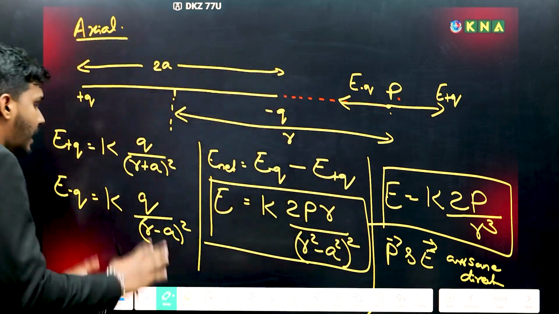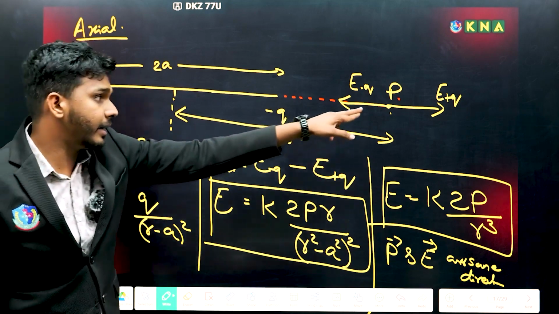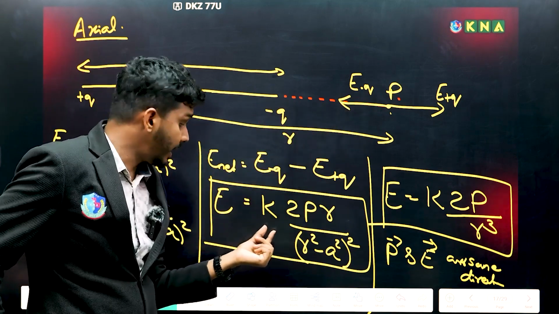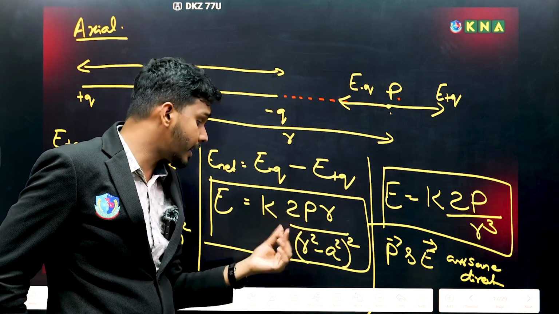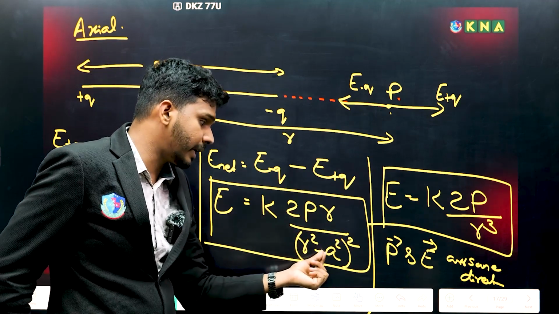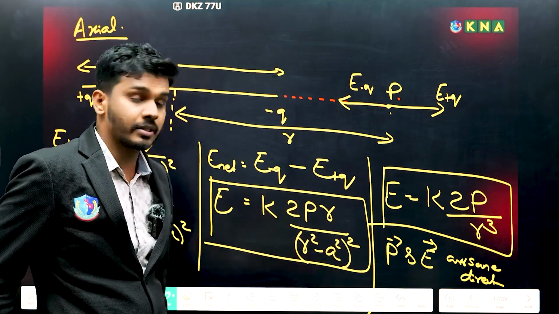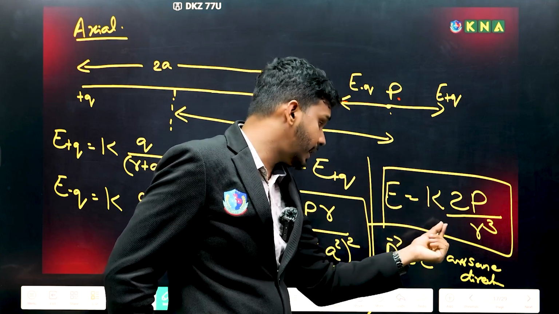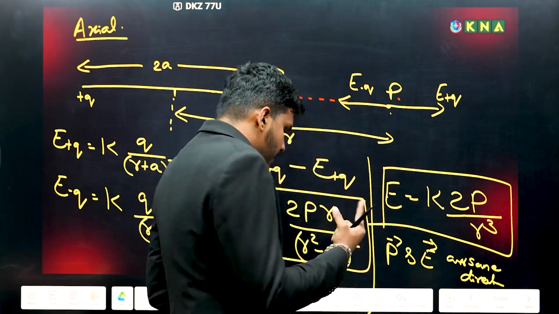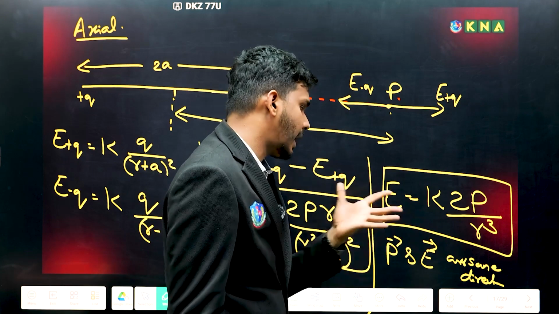At the axial line, electric field E is equal to 1 by 4 pi epsilon naught into 2PR divided by (R square minus A square) the whole raised to 2. If A is very small, A becomes 0, and that becomes K into 2P by R cube.